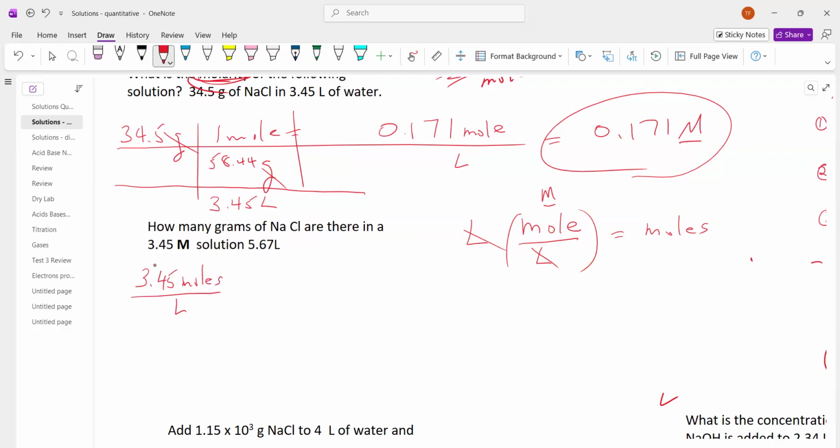I'm going to keep it in moles per liter rather than the big M. So liters cancel, gives us moles. Once we have moles, we can get grams from the molar mass of sodium chloride.